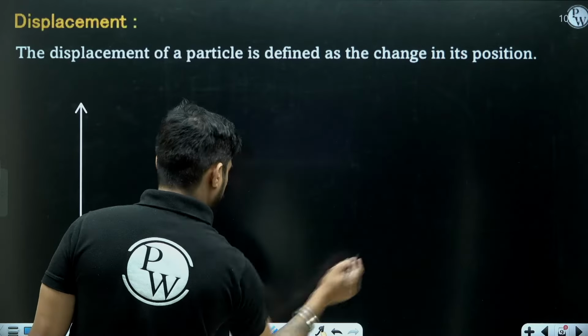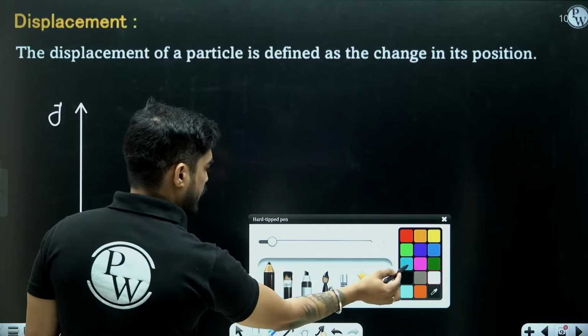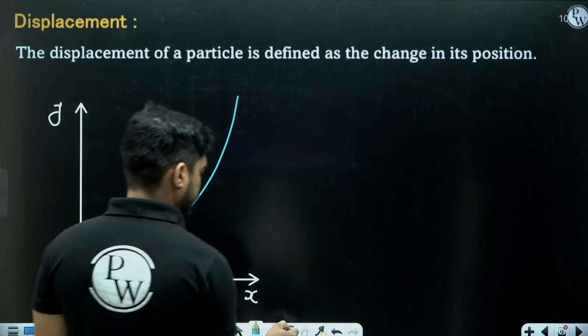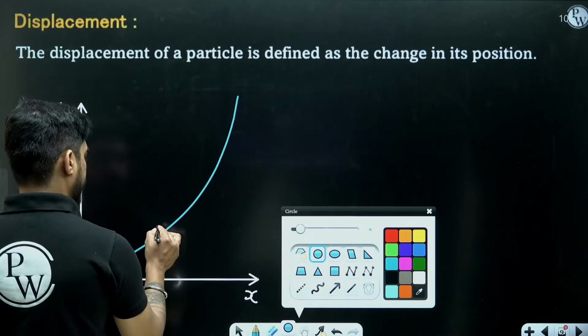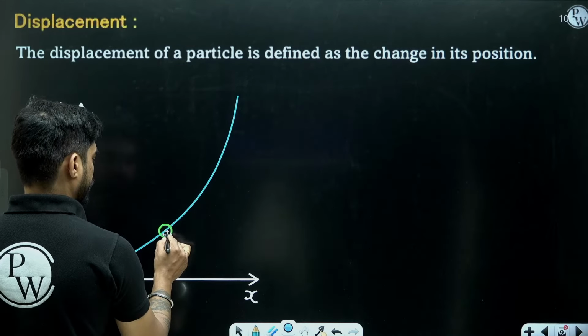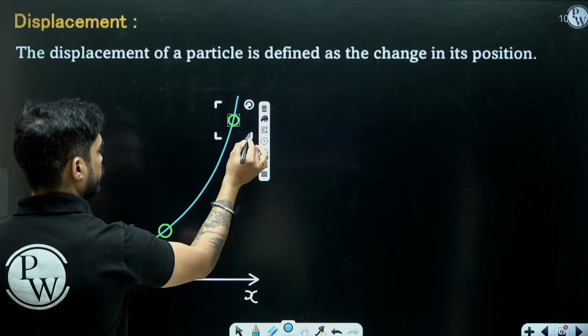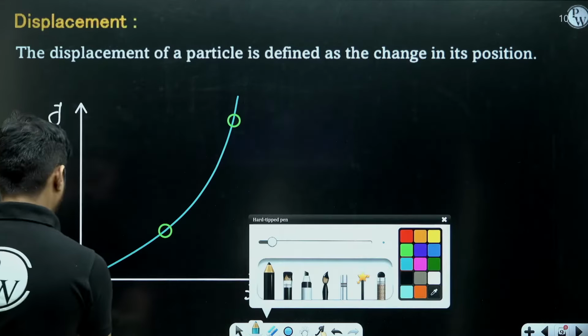So let's consider again the XY plane, and again a curved path. Let's say initially the particle was here and then the particle moved to here. This is the origin.